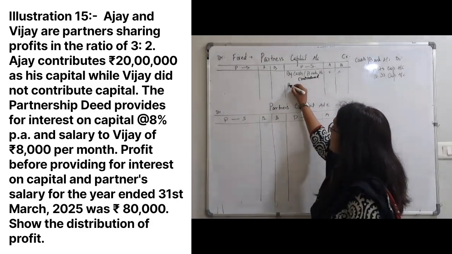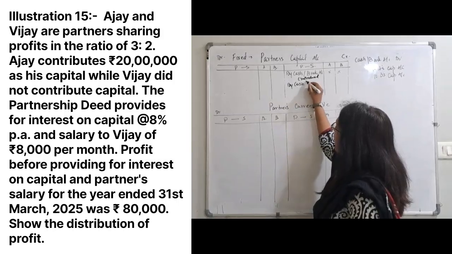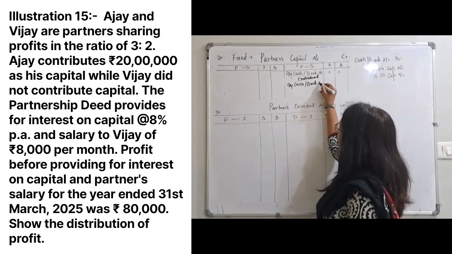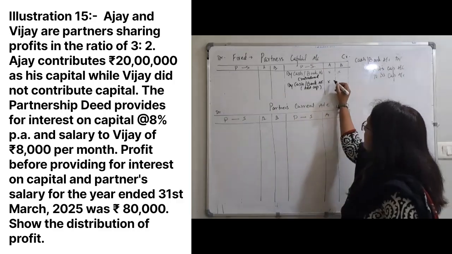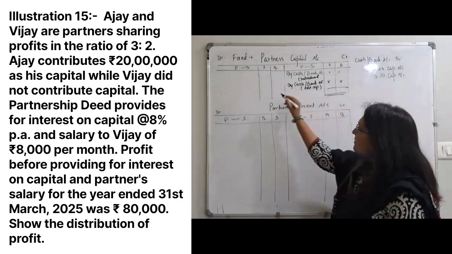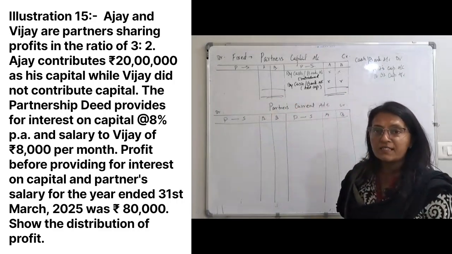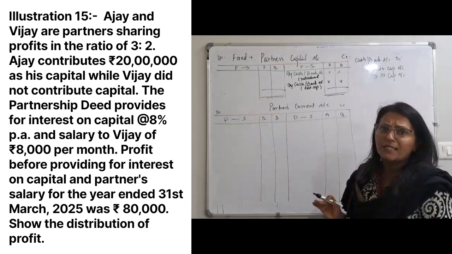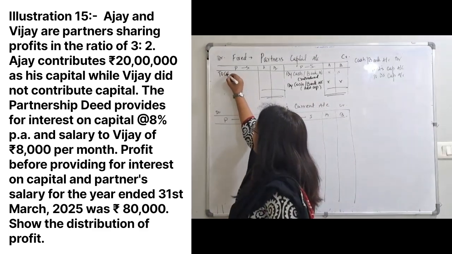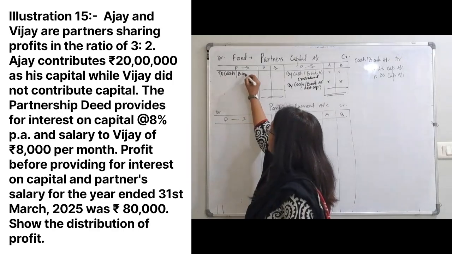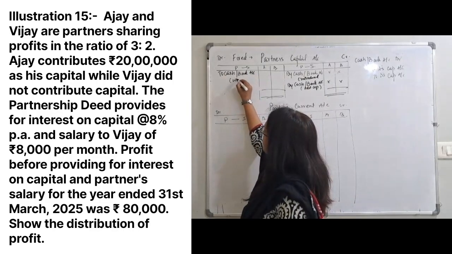If additional capital is there by cash and bank, this is again your additional capital. If any partner has withdrawn money from the capital, withdrawn permanently, to cash or bank, withdrawn.